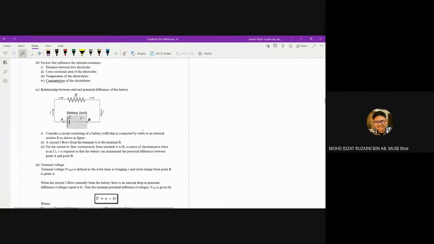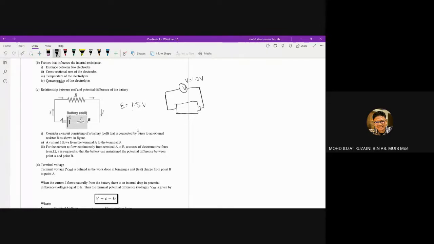Okay, so contohnya kalau nilai pada bateri kamu ditulis 1.5 volt, maka inilah kita punya EMF. Kalaulah kamu letakkan bateri kamu pada 1 voltmeter, maka dia tulis sini ialah V equal to 1.2 volt. Nampak kan?